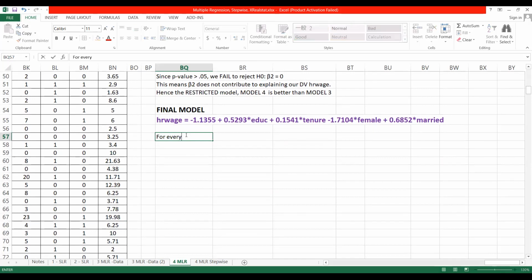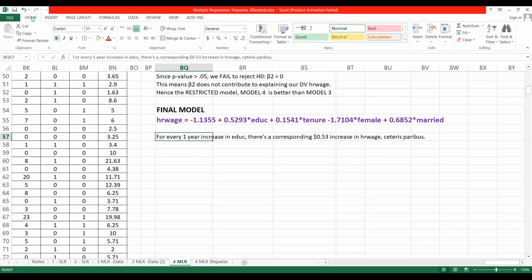For every 1 year increase in education, there's a corresponding $0.53 increase in hourly wage, ceteris paribus. Okay, that's our conclusion.